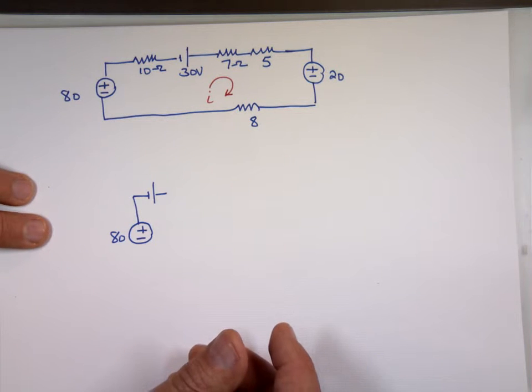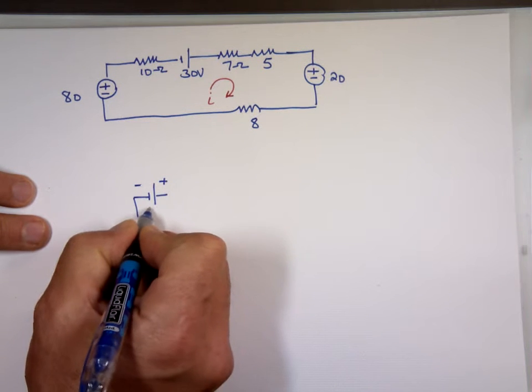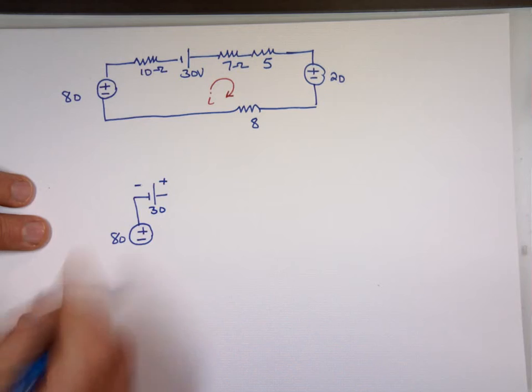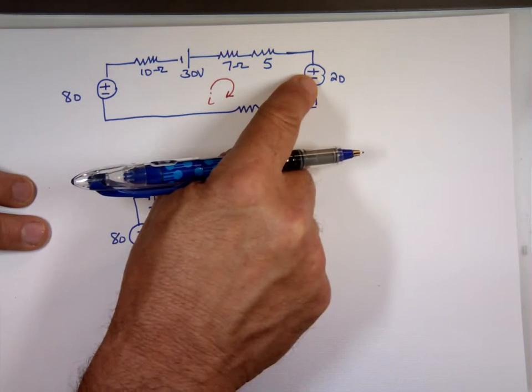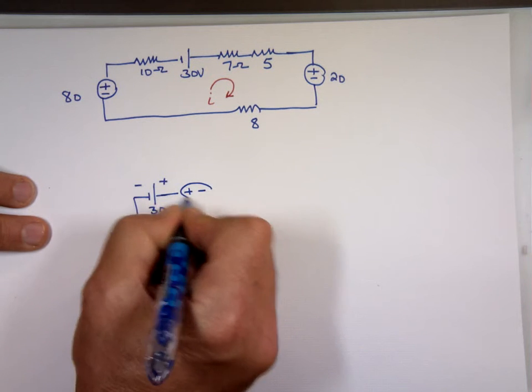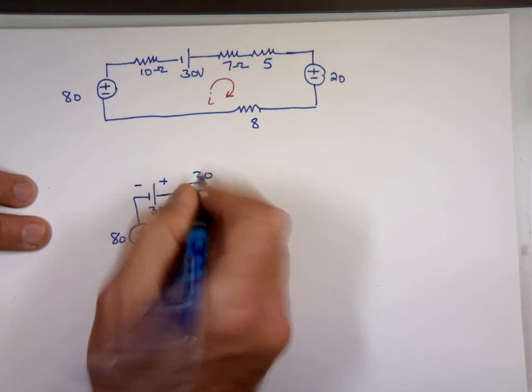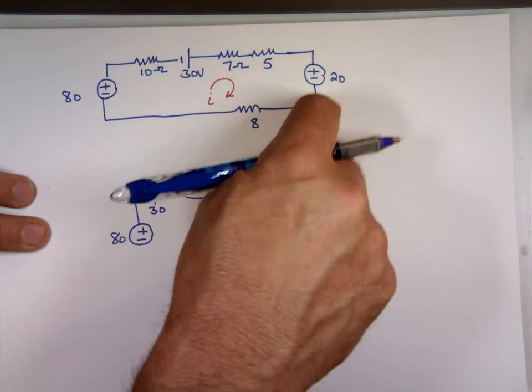Negative is the small one, positive is the big one. So this is really minus to plus. Keep going. This source is labeled which way as you're traveling? Plus to minus, right? So as I'm traveling this way, minus to plus, this is plus to minus.